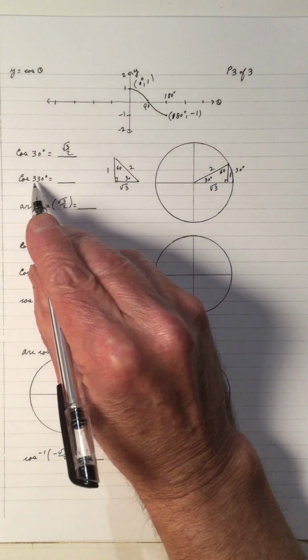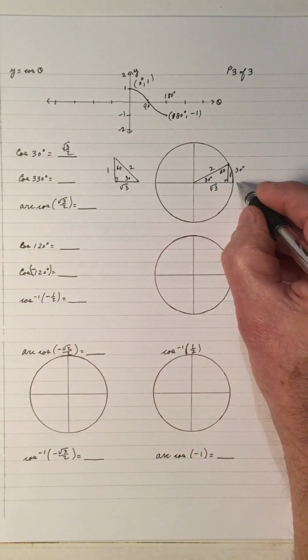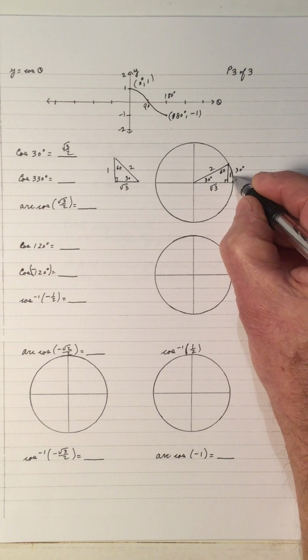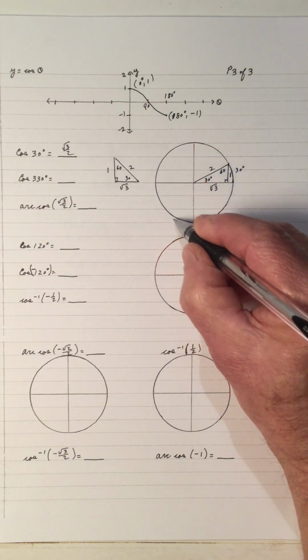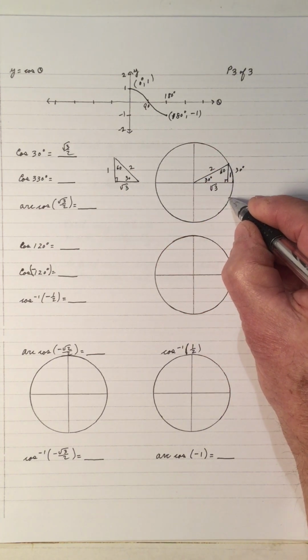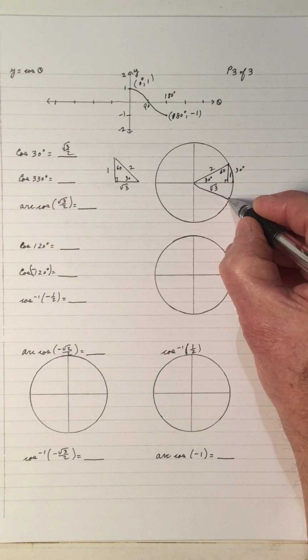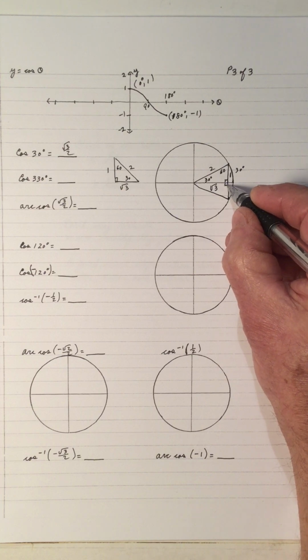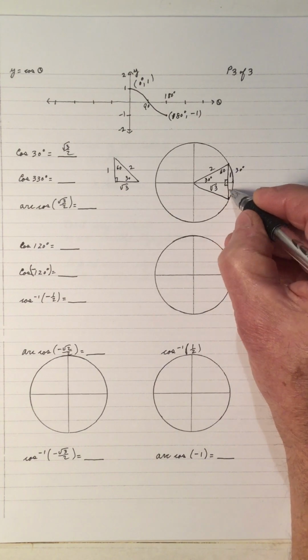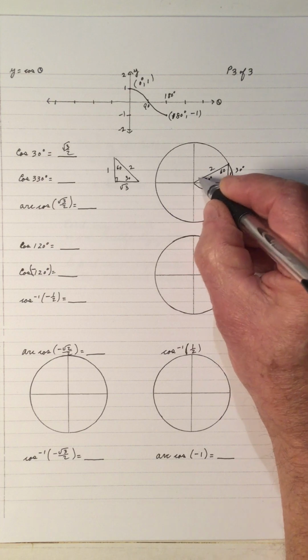So what about if you plot a 330-degree rotation? You start here and go 330, all the way around to here. If you draw your terminal arm and drop it perpendicular to the x-axis, this is 330.